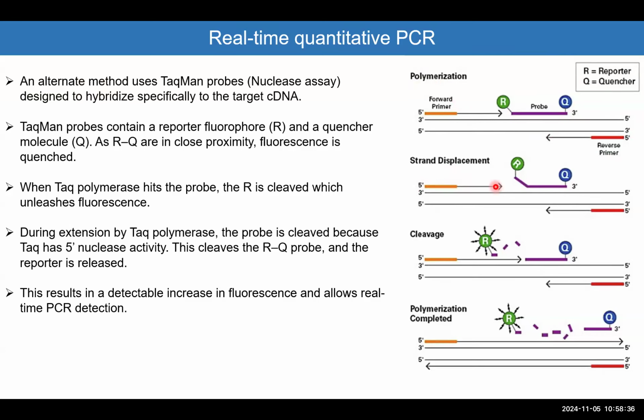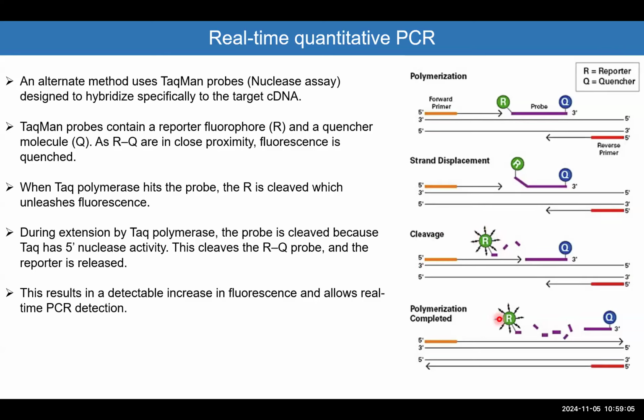When the polymerization reaches the site of the reporter, it is going to cleave it, and that leads to the release of the reporter. Of course, the polymerase has exonuclease activity, so it will remove this probe. After that, the reporter is away from the quencher, so the fluorescence becomes active. The more of this PCR product you make, the more fluorescence you get.